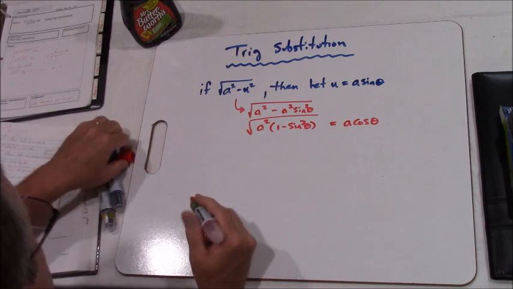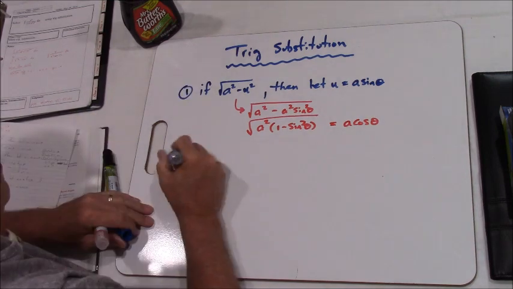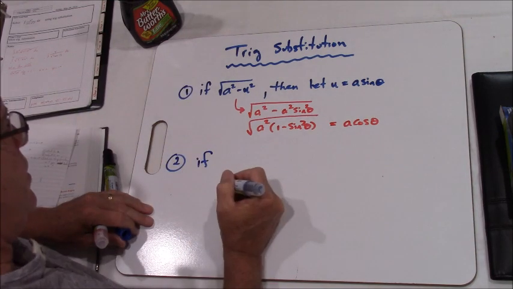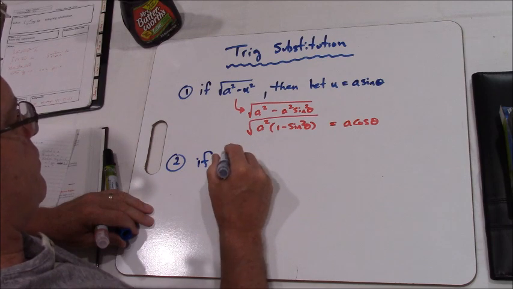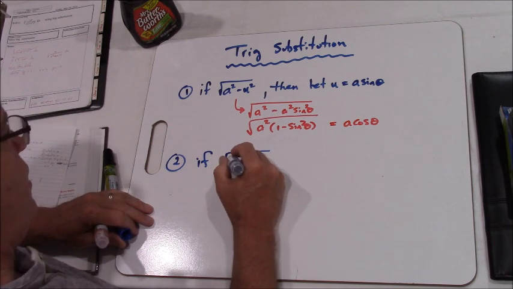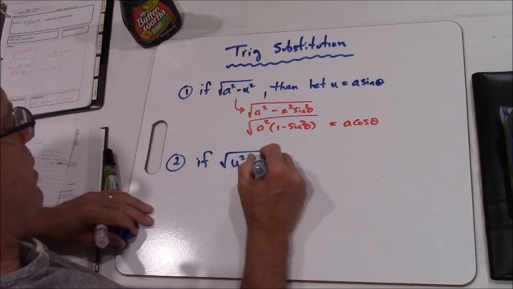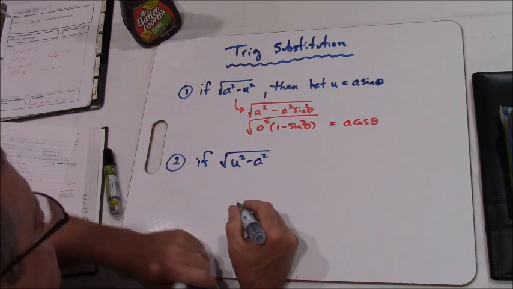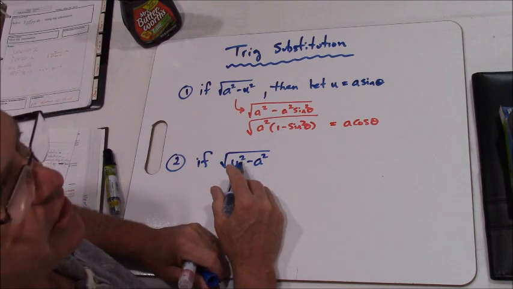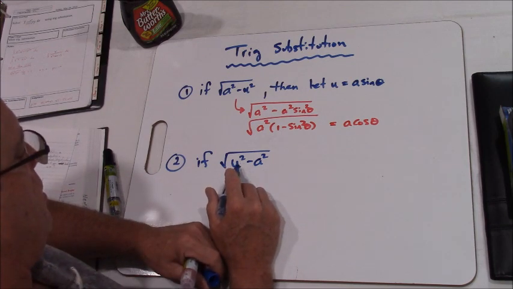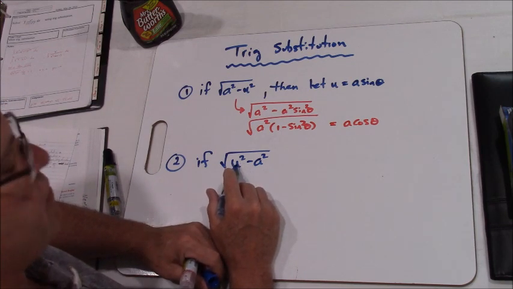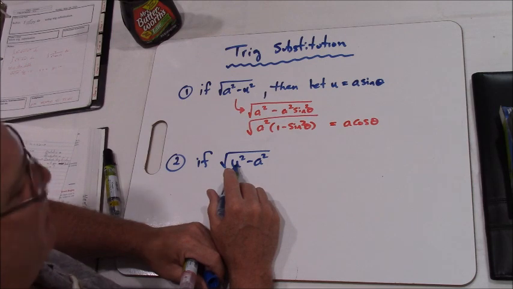All right. Second formula. If we're trying to solve an integral and we see the square root of u squared minus a squared, now again, it doesn't have to be in the denominator, it can be anywhere in the problem. This looks like it would belong to an arcsecant.